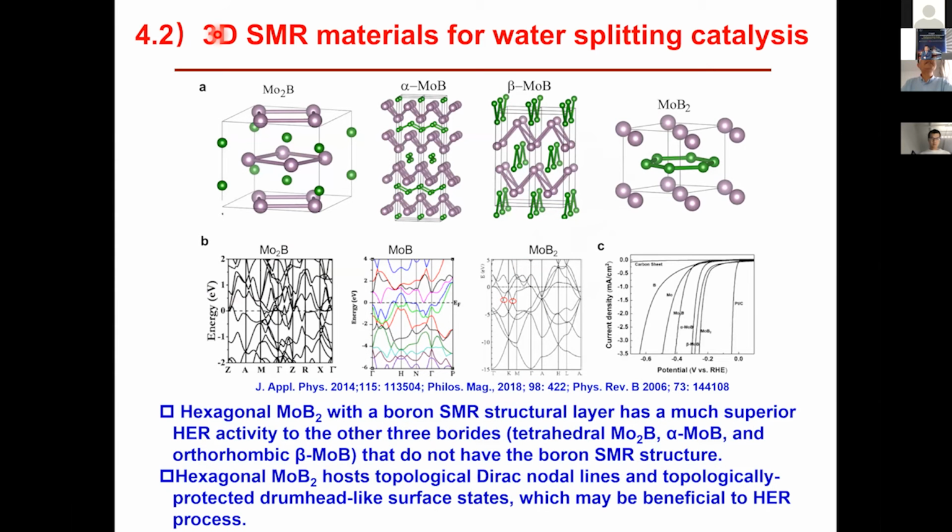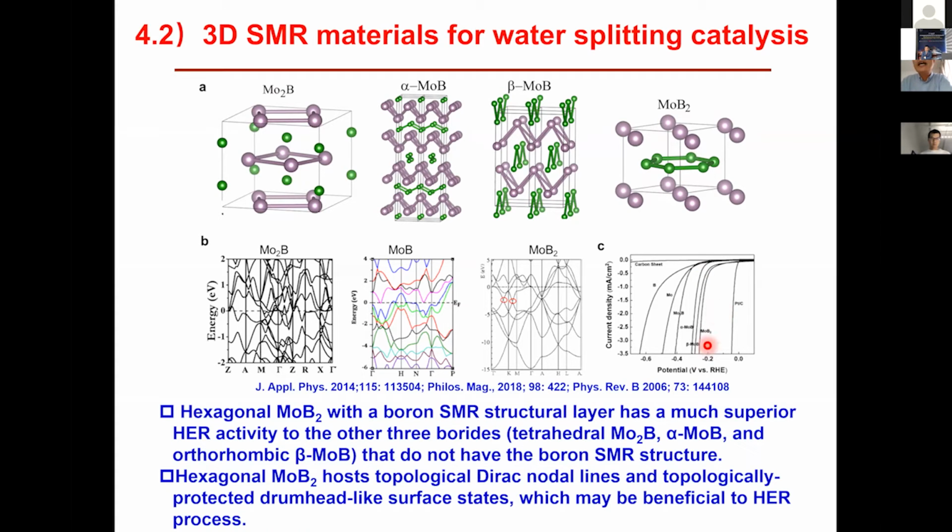And also, we can say that three-dimensional six-member ring materials can be used for high-efficiency water splitting. As I show you here for this material, this is a molybdenum boride. There are different types of molybdenum boride. Only this molybdenum diboride has a boron six-member ring structure layer.